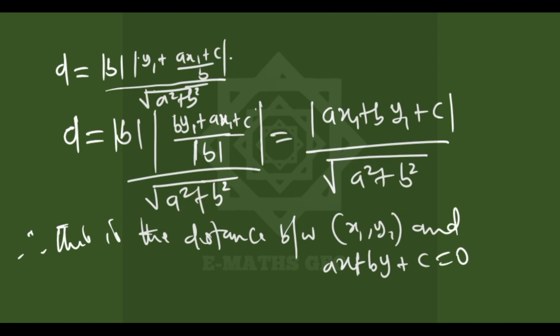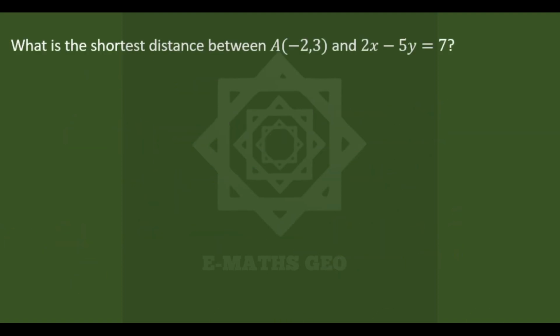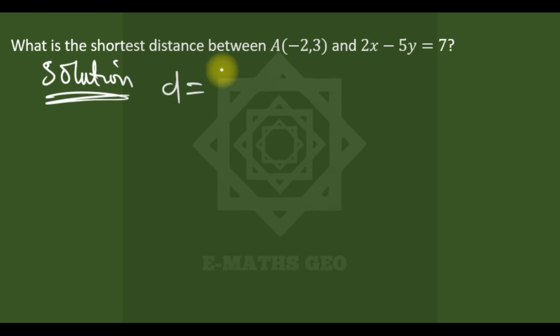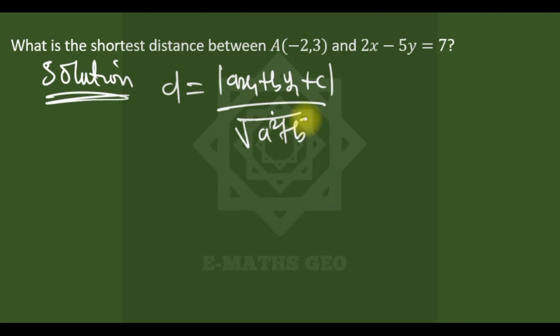So look at this question. We are asked, what is the shortest distance between this point and this line. So from here, it's simple. We know our formula that d is the absolute of ax1 plus by1 plus c over the square root of a squared plus b squared.